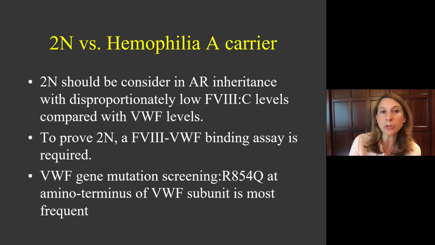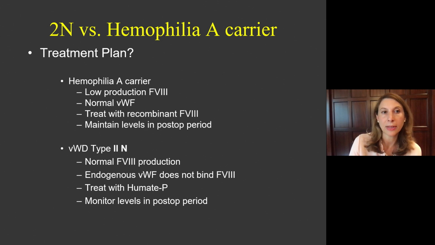So distinguishing between someone who's a hemophilia carrier who just has a low 8 but normal von Willebrand factor versus someone who's a true von Willebrand 2N can often be complicated. How do you treat it? Now, that does depend on what they have. A hemophilia A carrier will have low production of factor 8, normal von Willebrand.